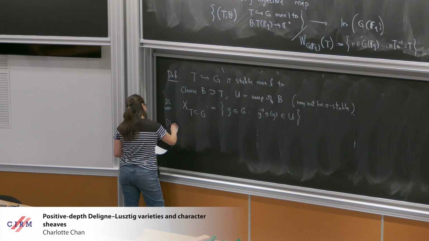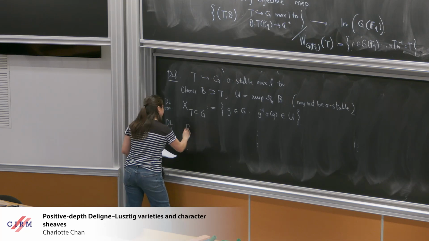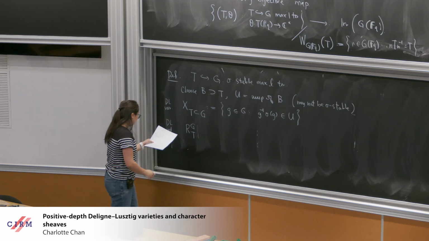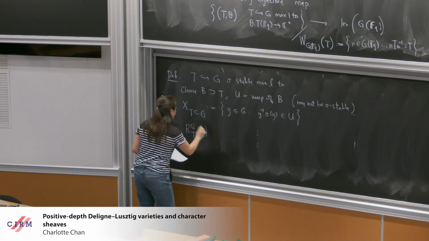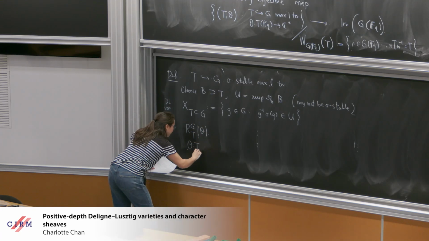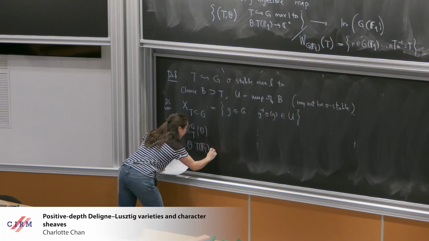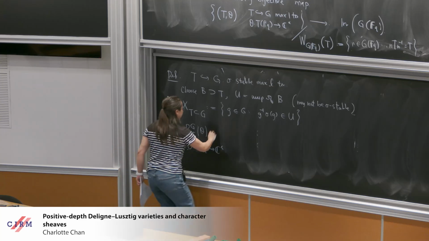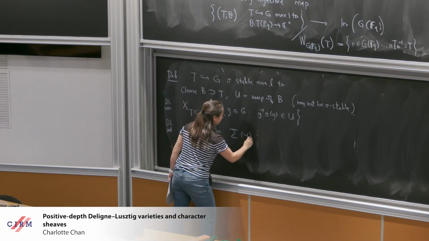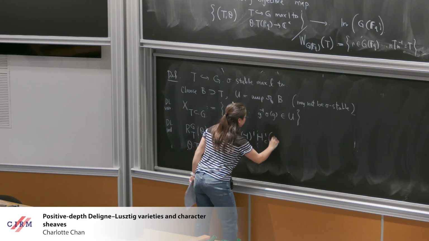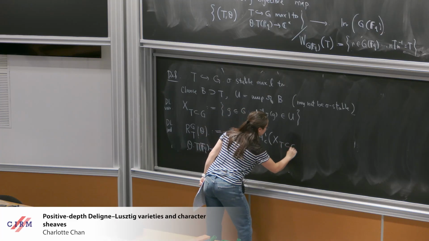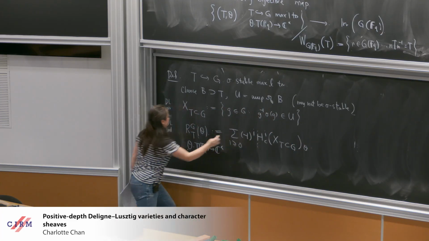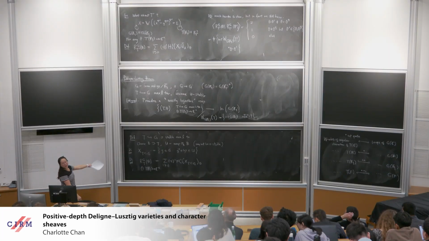And what we call Deligne-Lusztig induction is R_T^G theta, which says the following: given any theta, which is a character of T of F_q, I define this to be the virtual representation given by this thing here. Okay, so this is the definition.